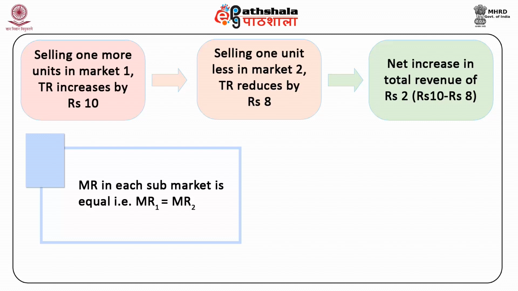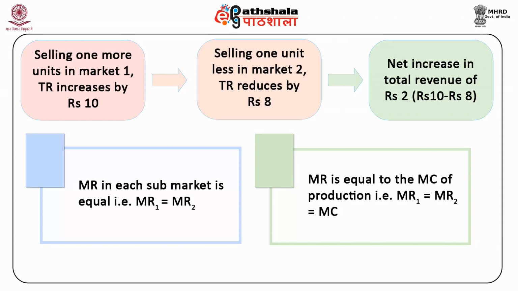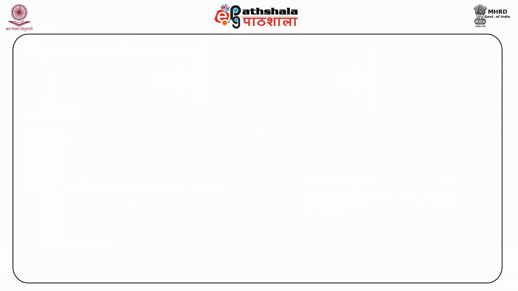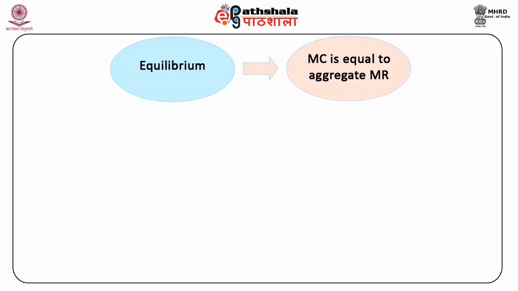Second, for a price discriminating monopolist to be in equilibrium, total output must be such that marginal revenue in each sub-market is equal to the marginal cost of production, that is, MR1 equals MR2 equals MC. For a price discriminatory monopolist to be in equilibrium, the total output is such that MC is equal to the aggregate MR curve.